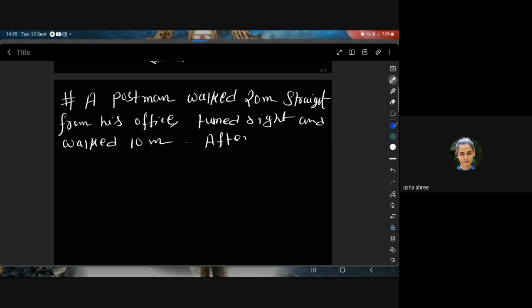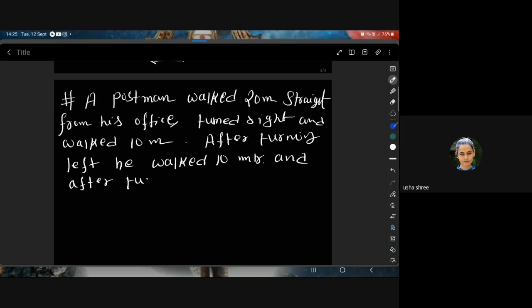After turning left, he walked 10 meters, and after turning right, walked 20 meters. After turning right, walked 20 meters.